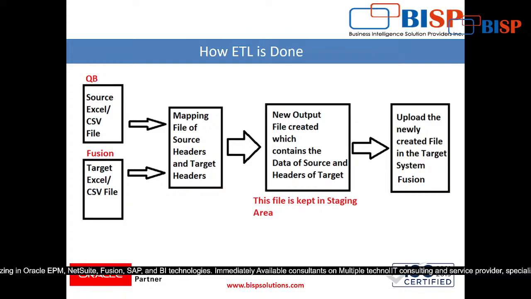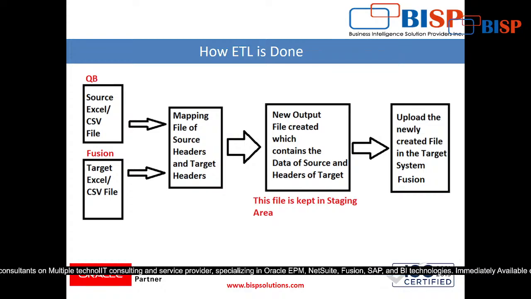See, at the time of information gathering, or at the very first meeting with the client, we will make this clear: whatever headers you are using in QB, do you want the same header names in the target system? If they say yes, okay. For example, in QB they are using ADDR1, address 1.